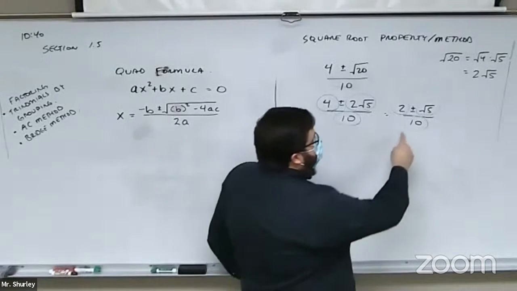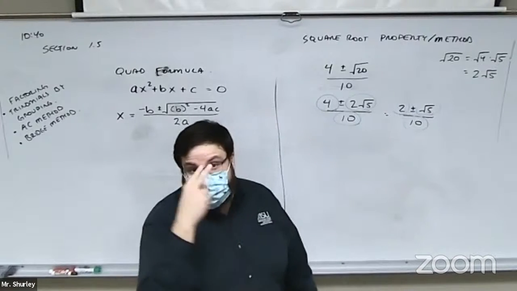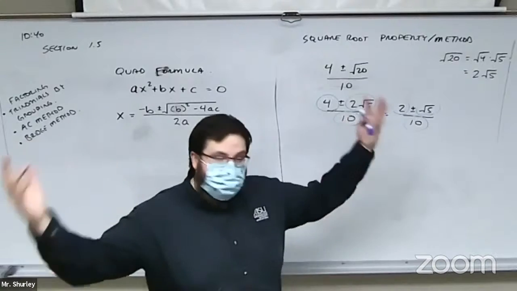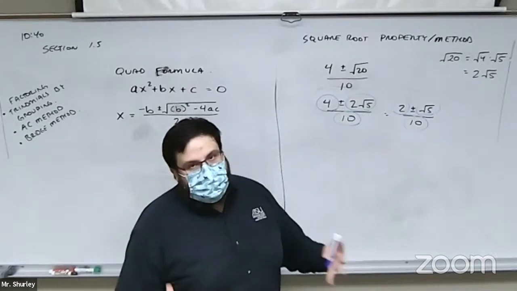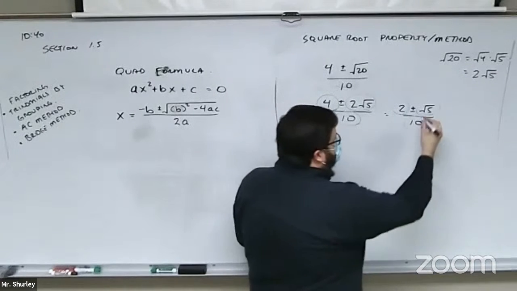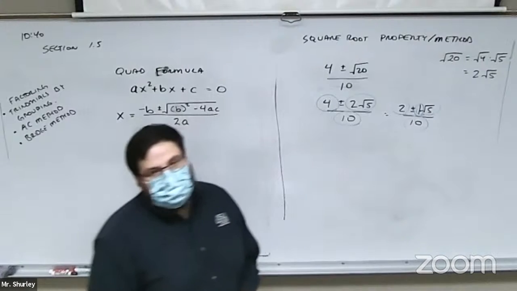I'm glad you asked, because it's still 3 parts, and the 2 and the 10 are going to fake you out. You're going to go, oh, that's 1/5. I've been doing this for a long time, but it's 3 parts. So it's 2, 10, and really there's a 1 out here, that coefficient of 1, and there's nothing that divides into all 3 of those.